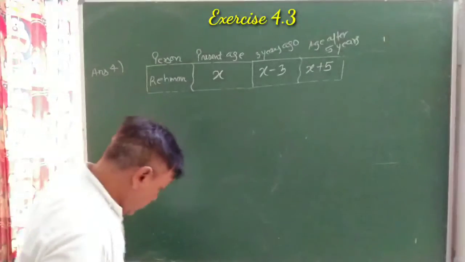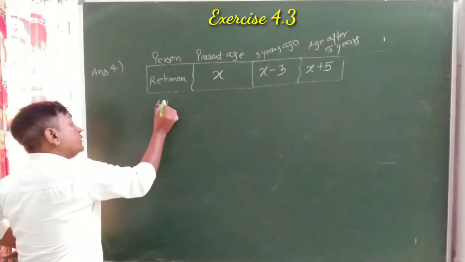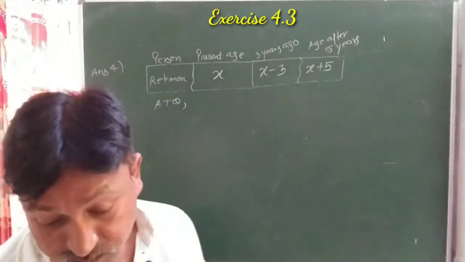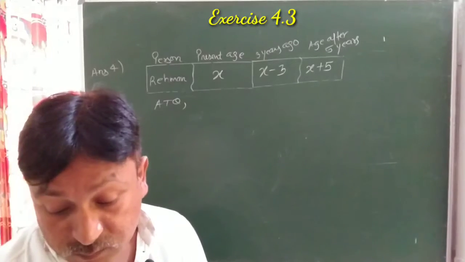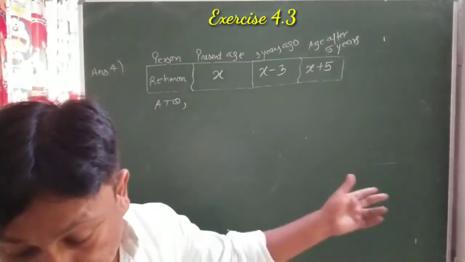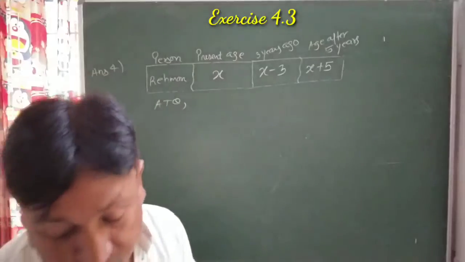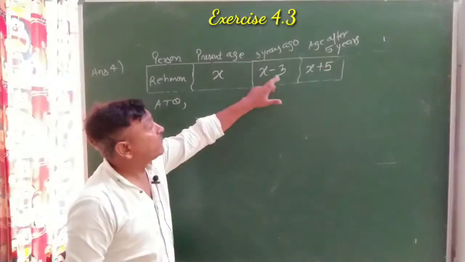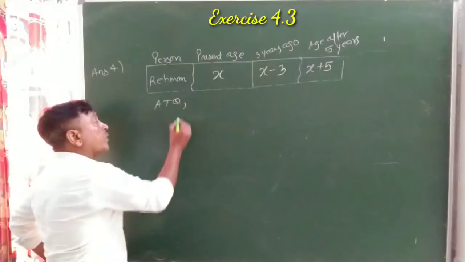Is it clear? Now the question is saying that the sum of the reciprocals of Rahman's ages 3 years ago and 5 years from now is 1/3. It means we have to take the reciprocal of x minus 3. So what is the reciprocal of x minus 3?